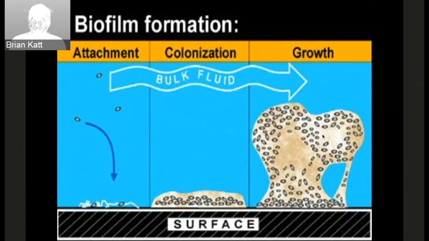That's why a lot of these patients with a prosthesis, whether it's a pacemaker, heart valve, or artificial knee, go on antibiotics, get better, then come off antibiotics, and 4 or 5 weeks later they relapse.